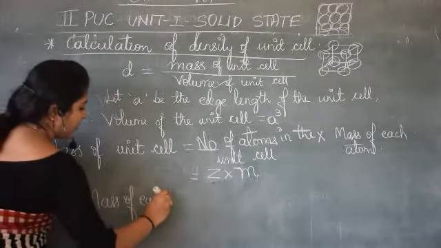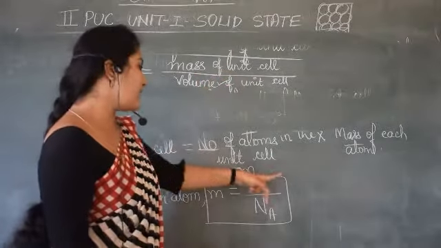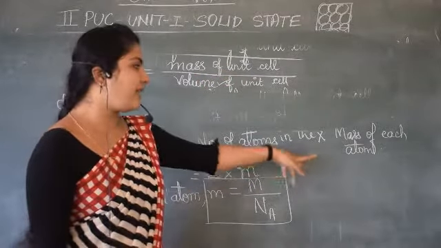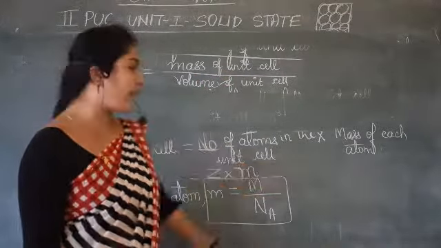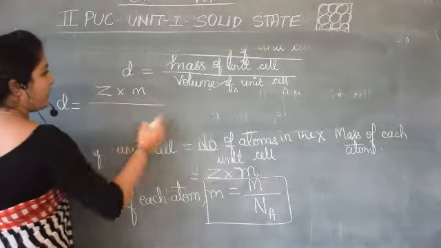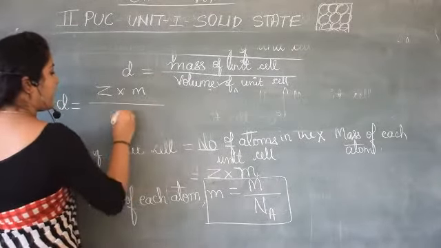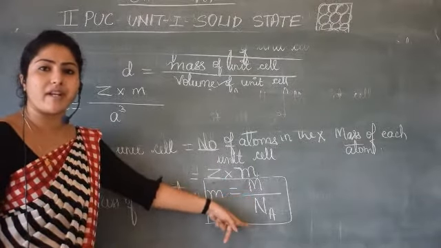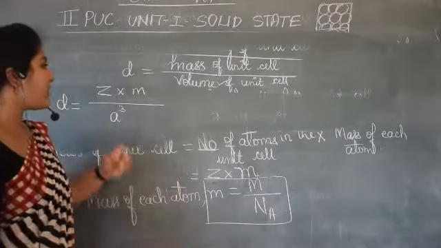Now let us substitute it in the formula that we were speaking about. So we have density is equal to mass of the unit cell. What is the mass of unit cell? We said it is number of atoms in the unit cell into mass of each atom. So Z into m by volume of the unit cell, which is A cube. But since we know mass of each atom is nothing but its molar mass divided by Avogadro's number, substitute it in the formula.